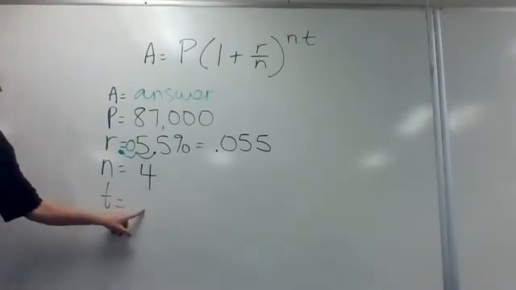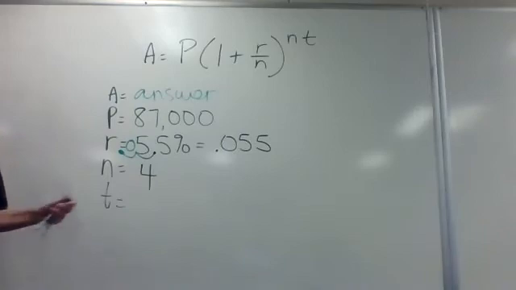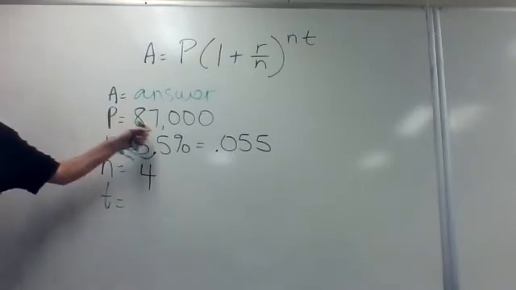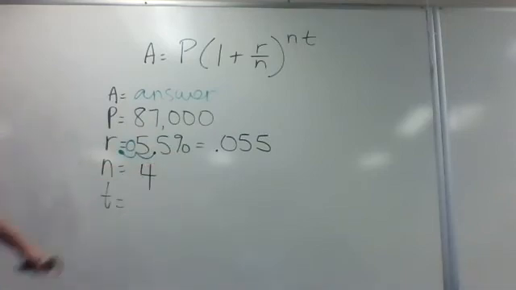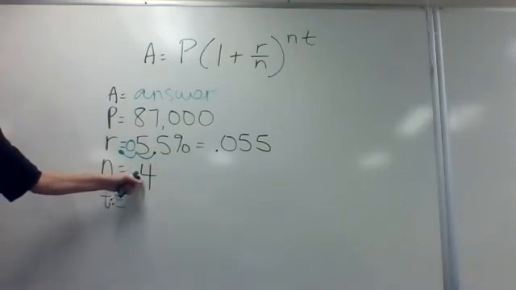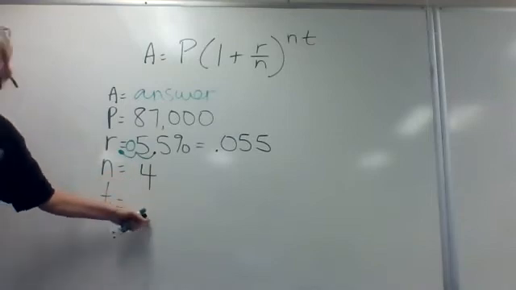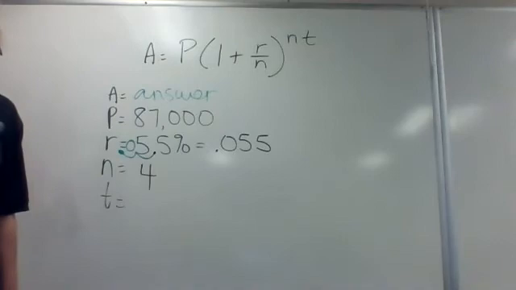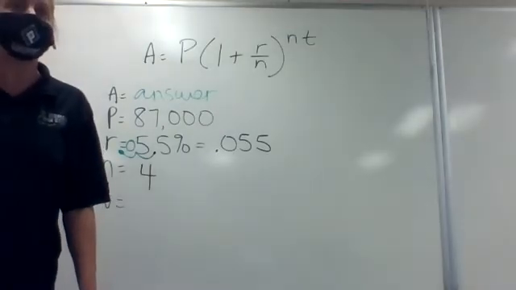This is what's going to change, because what's changing about the problem? Not the amount of money that you're investing. That's a set number. The interest rate is a set number. The number of times it's compounded is a set number. The number that always changes is the amount of years that your investment has been invested.